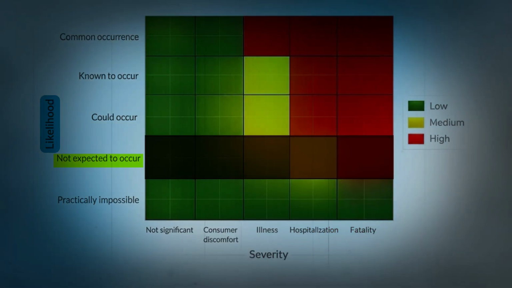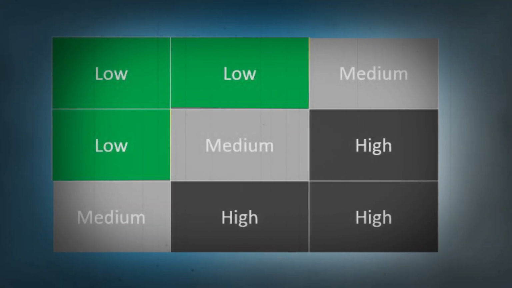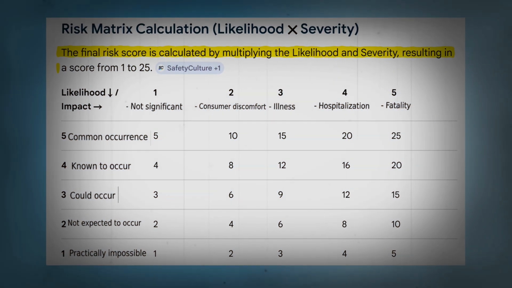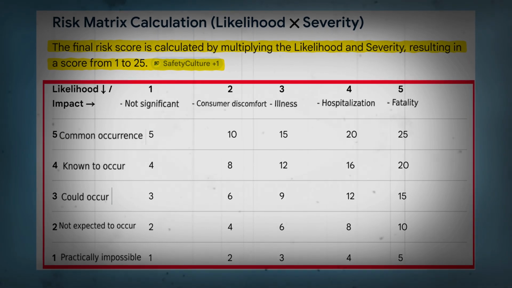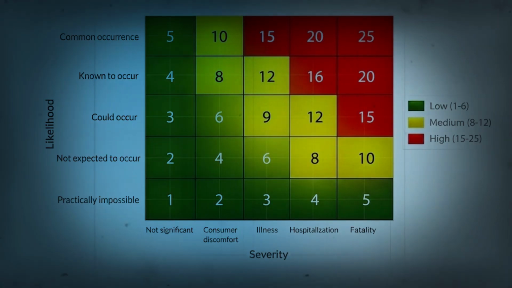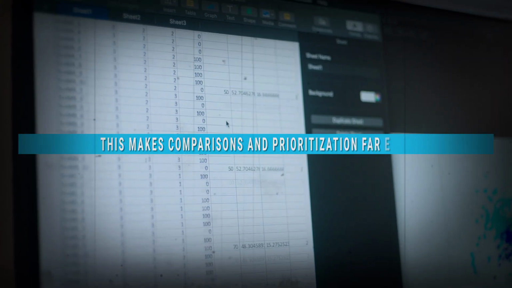Phrases like not expected to occur or known to occur are far less open to debate than medium or high. And while this approach is qualitative, you can easily make it more systematic by assigning simple numeric values, for example, 1 to 5, and calculating a total score using Excel. This makes comparisons and prioritization far easier.